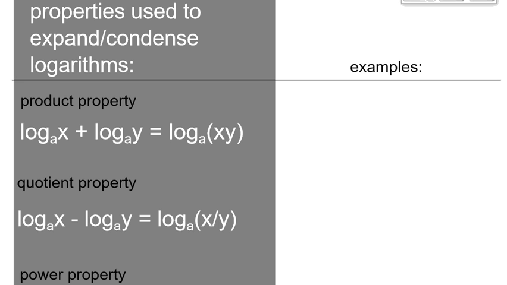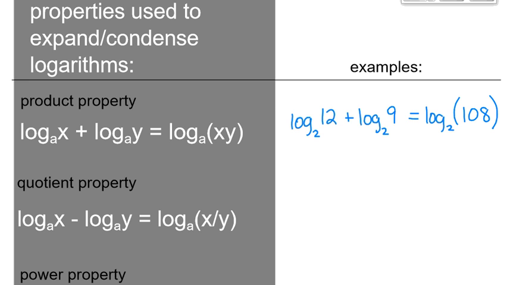So go ahead, I know you can't see them all right now, but you can write down the product property and pause if you need to, and then I'll show you just a very simple example. So let's say we have log base 2 of 12 plus log base 2 of 9. That's going to be equal to log base 2 of 12 times 9, or 108.